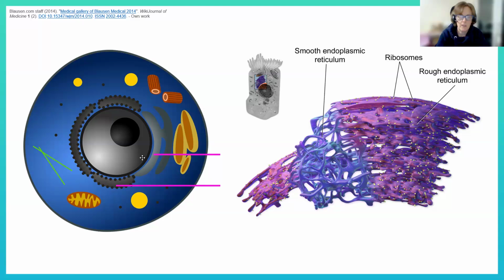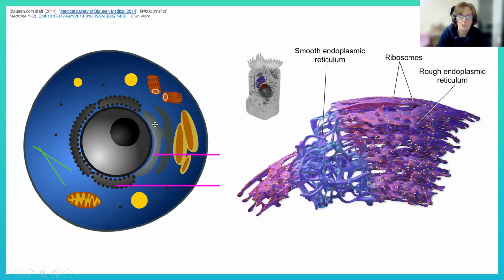That structure is here in black, continuous with the nuclear membrane, so joined onto the nuclear membrane. And these are the sites of protein synthesis. We talked about the fact that the DNA is the instructions to make the protein. This is the site of protein synthesis.